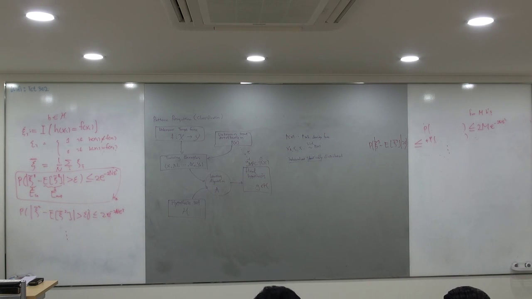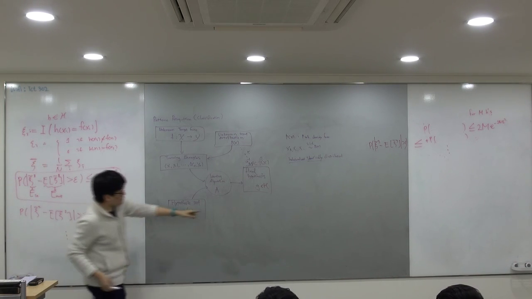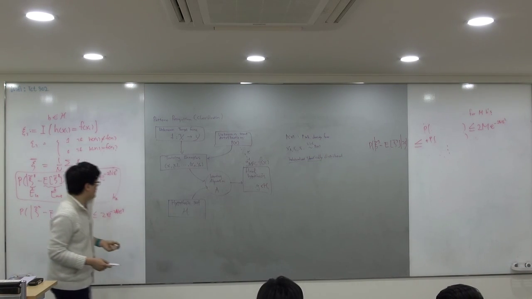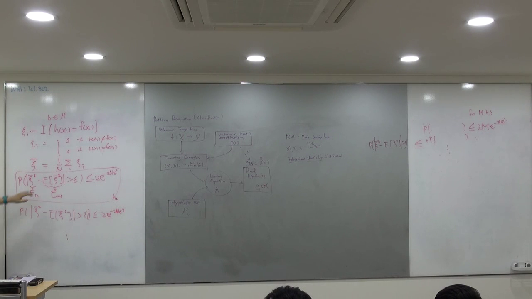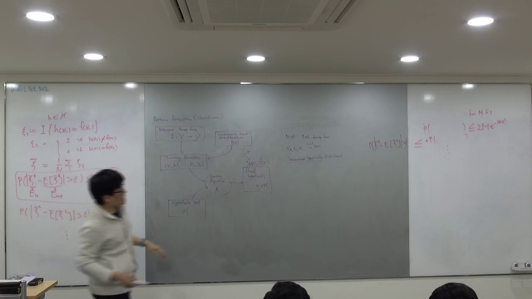On your left hand side you add these terms for every h, and your optimal g is also in H, so among these events you always have g in h1, h2, h3.